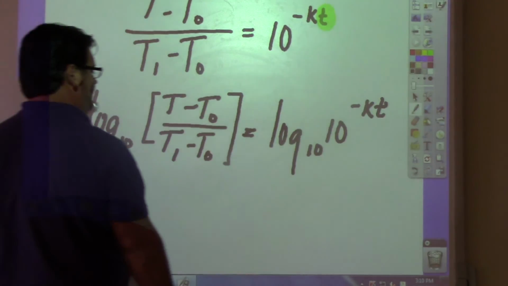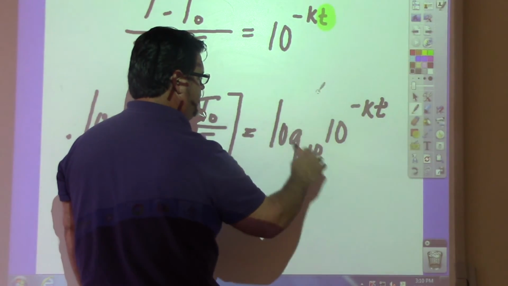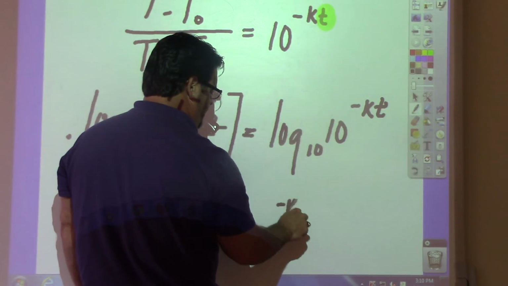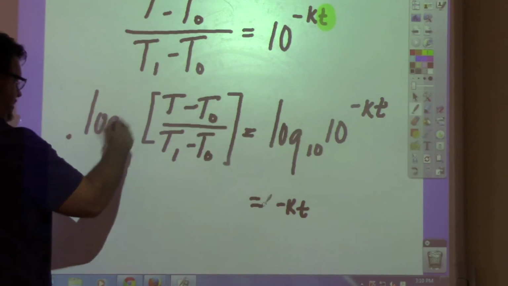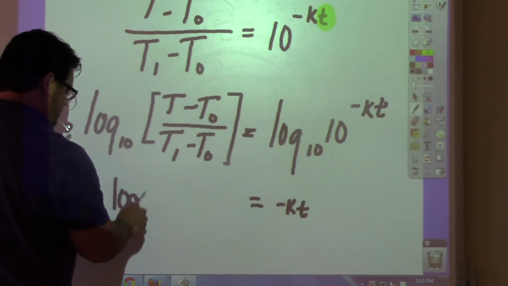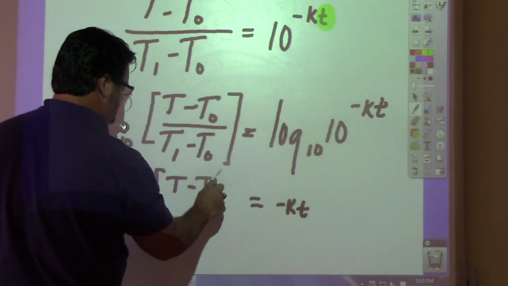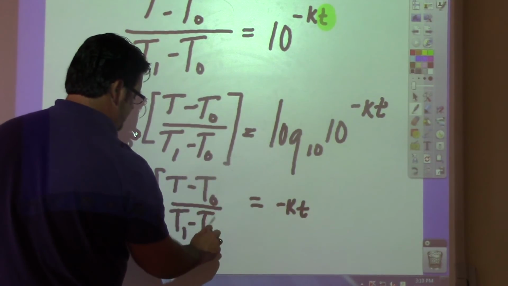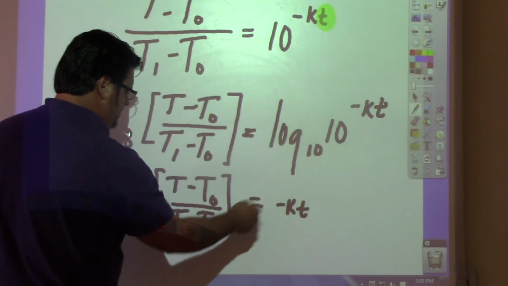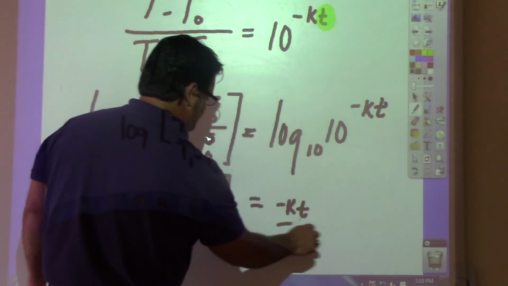Since I took the log of this, this turns to negative k times t, and this turns to all this. Log of t minus t sub o over t sub i minus t sub o is equal to negative kt.